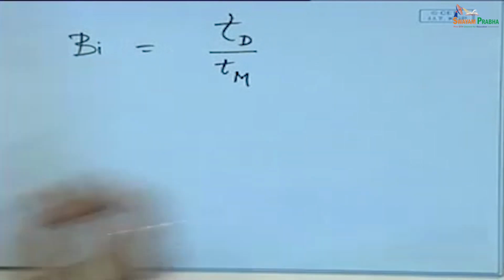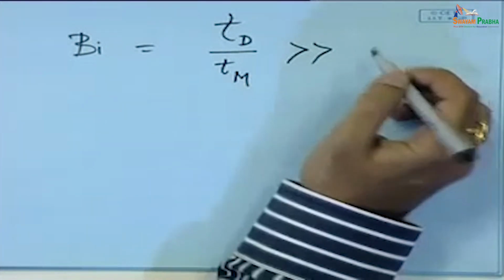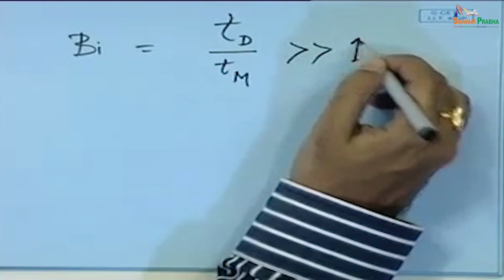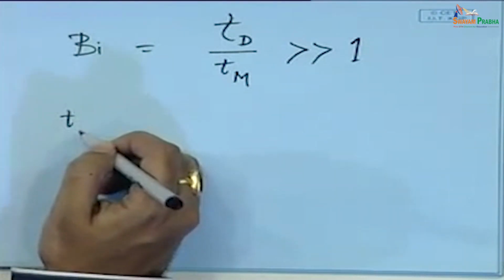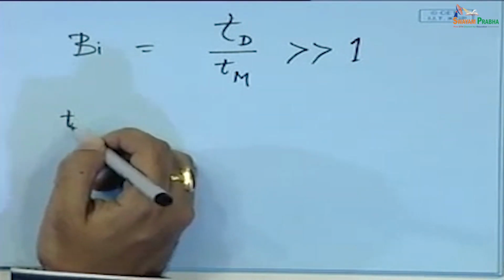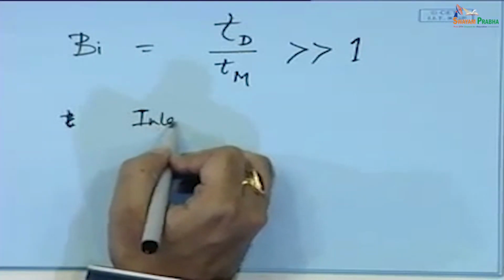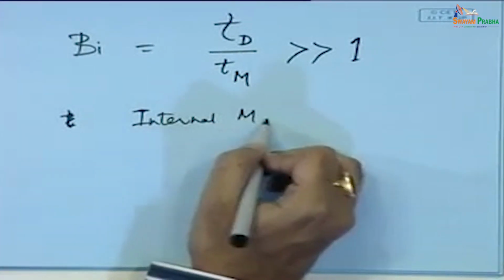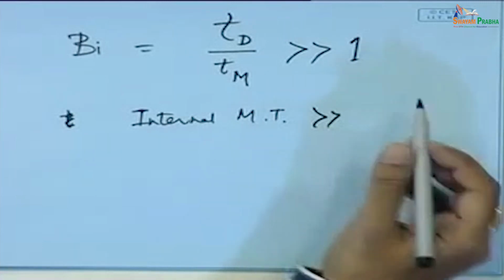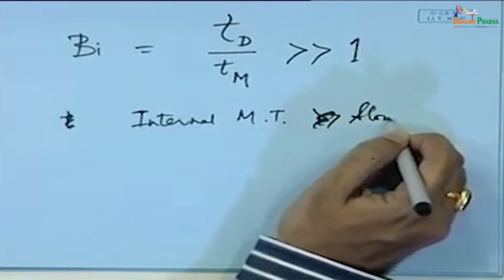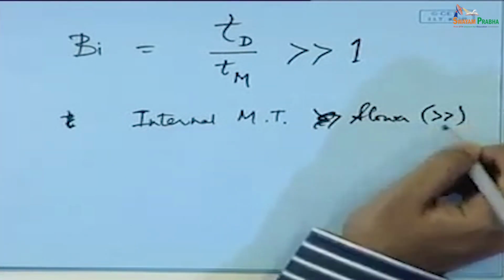So this is much greater than 1, okay, which means that, what does it mean? Now you should be able to tell. Internal mass transfer is much slower, much slower.